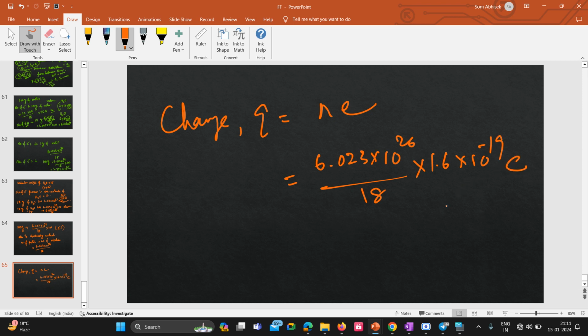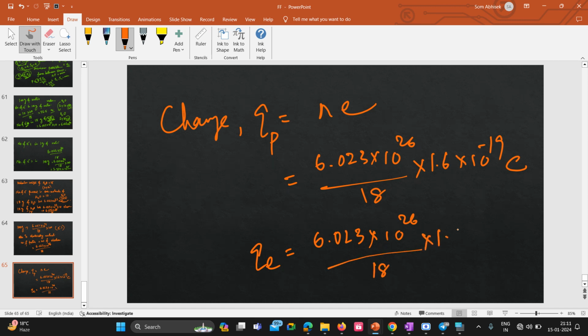This is the charge. The charge of an electron is also this much. Okay, the charge of this is QP. QE will be again the same thing: 6.023 times 10 to the power 26 divided by 18, into 1.6 times 10 to the power minus 19 coulomb.